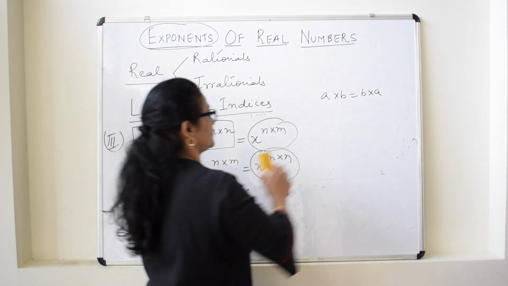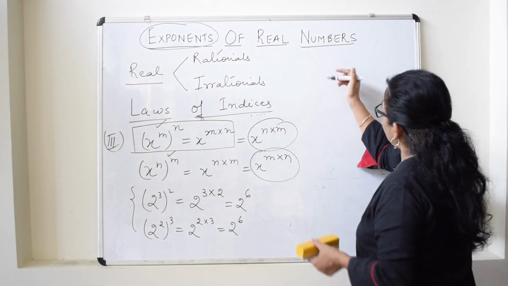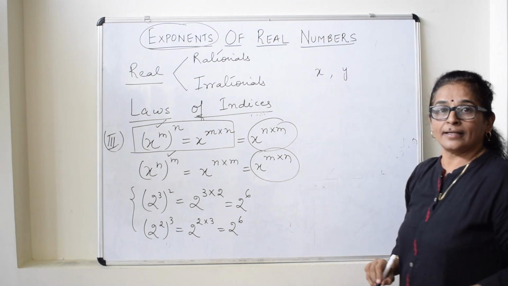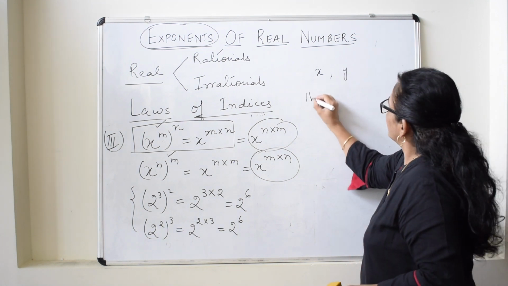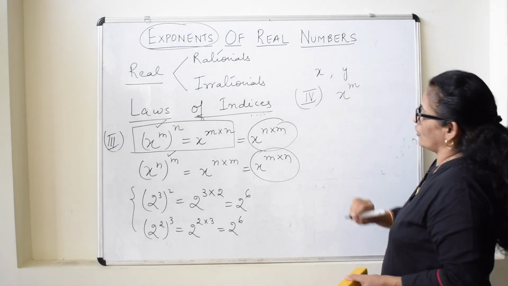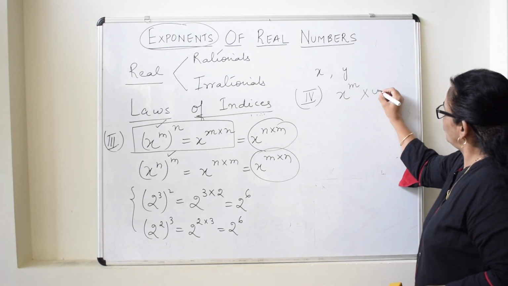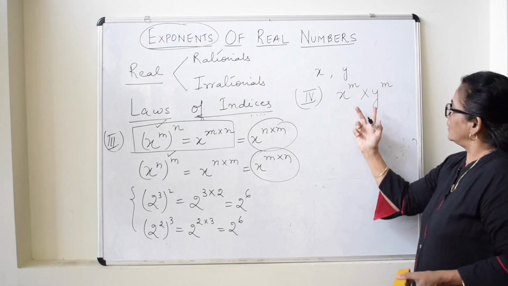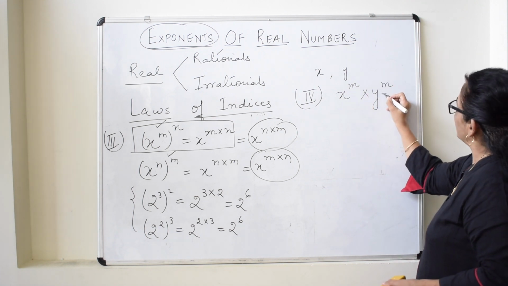Now, if there are two real numbers x and y, the fourth rule, x raised to the power of m into y raised to the power of m. M is any integer. Directly we can multiply the bases.